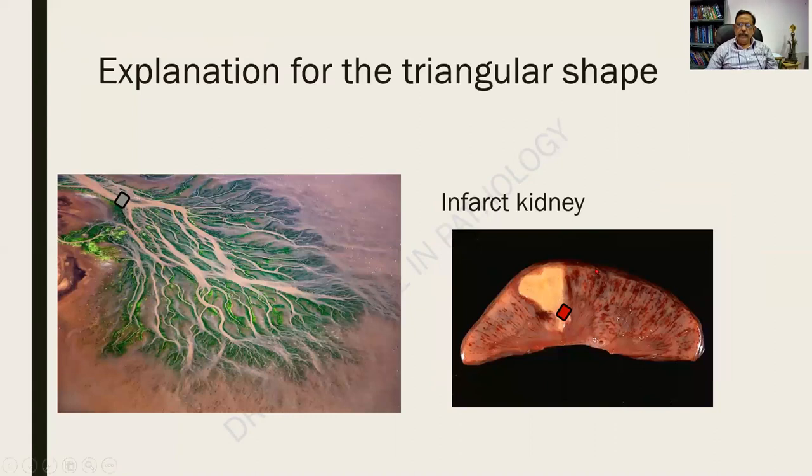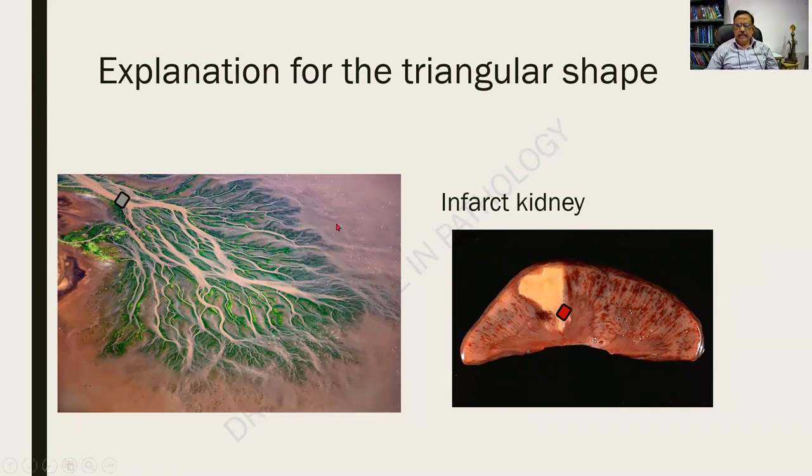I would like you people to compare this. Always I like comparing. This is actually an aerial view, the delta of a river, and it shows multiple branches. Finally, you find that they all go into the sea.